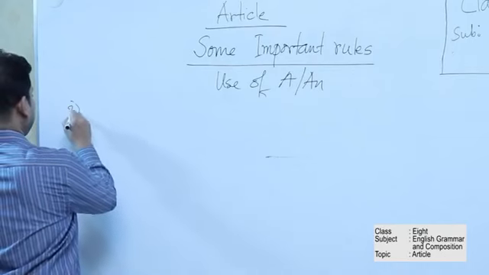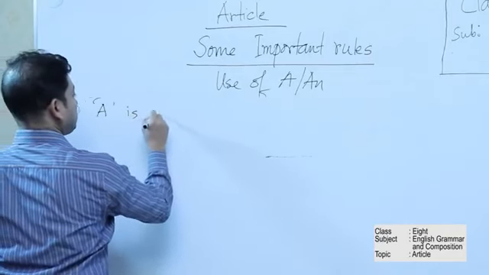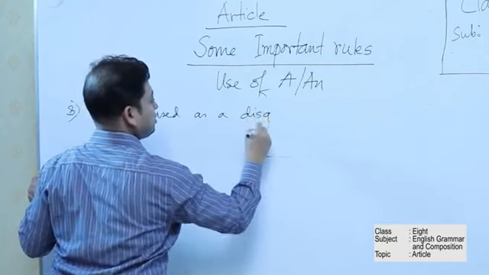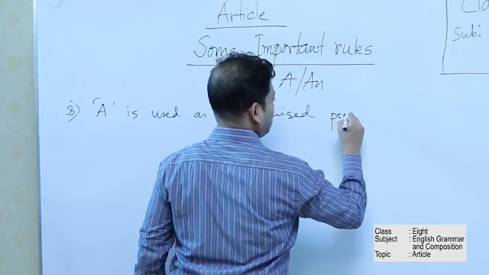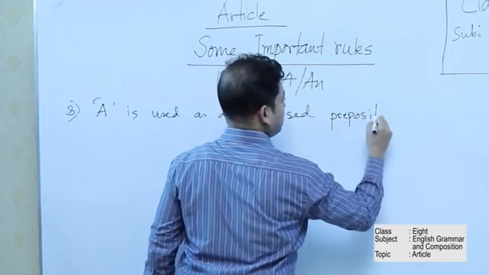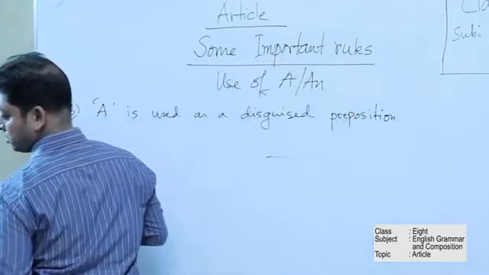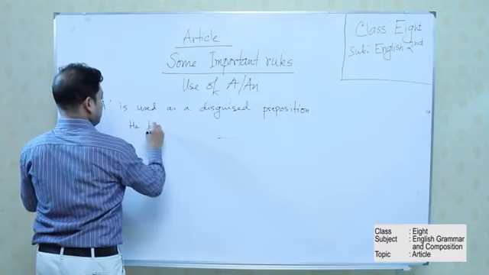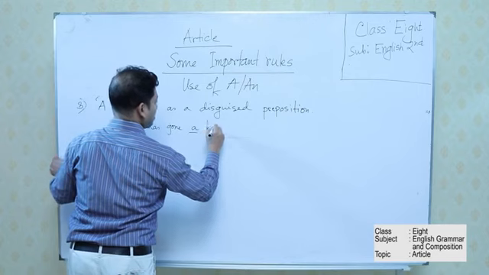Rule number 3. A is used as a disguised preposition. Example, he has gone a hunting.